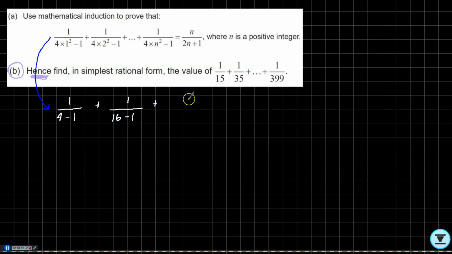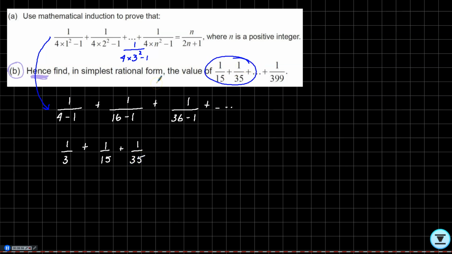My next term would be 4 times 3 squared, take 1. Okay, 3 squared is 9, 9 fours 36. Hopefully you can see where this is going. All right, so this now becomes 1/3. This is 1/15. This is 1/35. So you can see that this is now looking like this.